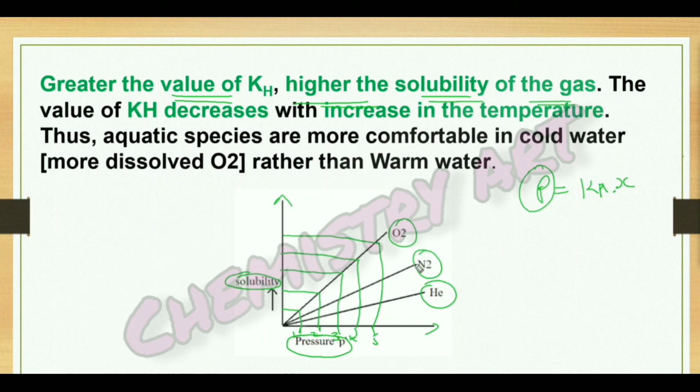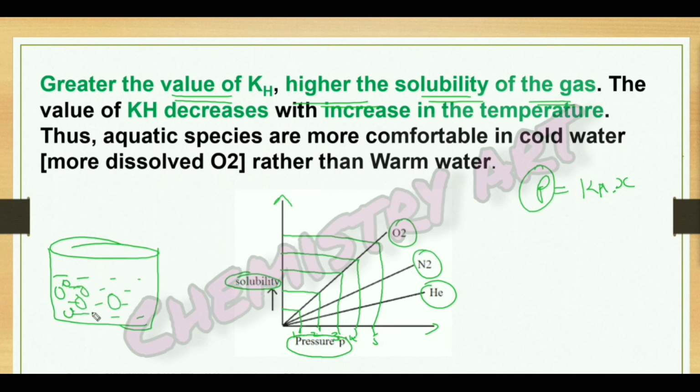So here you can say that aquatic species are more comfortable in cold water. More oxygen can be dissolved than in warm water. And why is it happening? Because if the temperature increases, the gas solute particles will leave the water surface. For example, here this is water, and these are the oxygen.